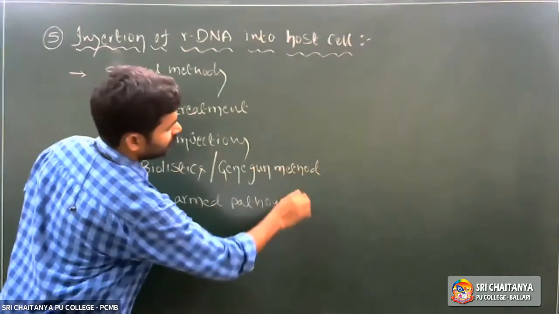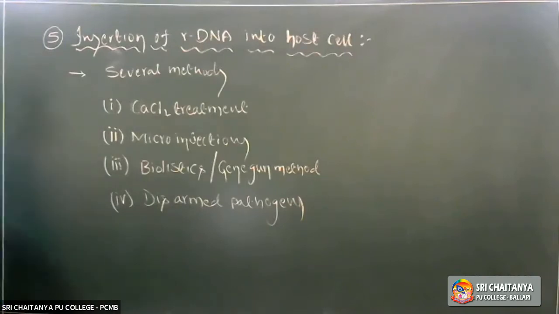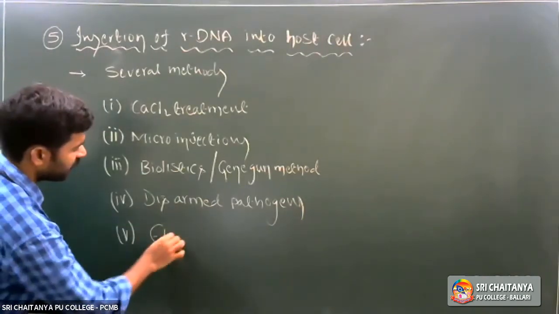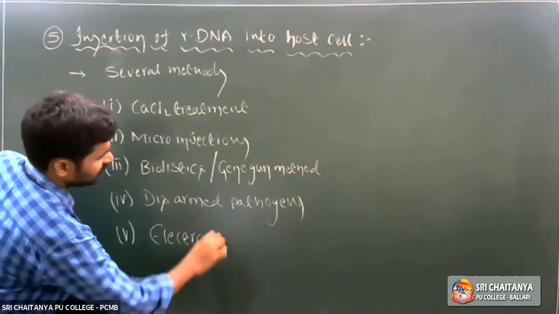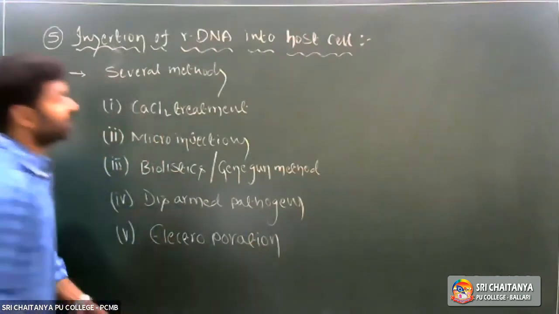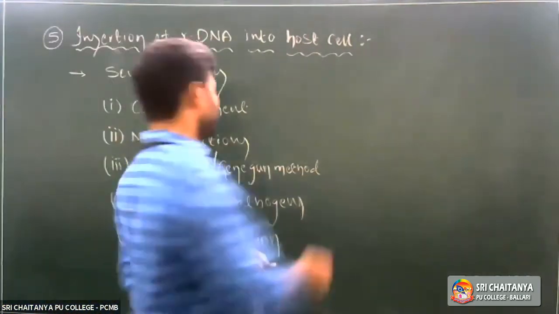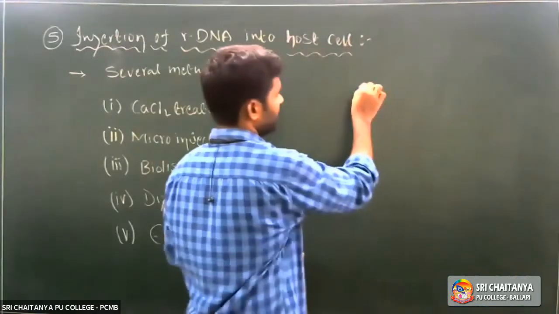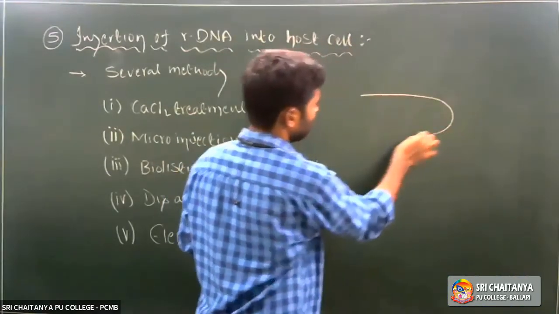By using disarmed pathogens also, we insert the genetic material. Then the last one, electroporation. So by using any one of these methods, the rDNA molecule is inserted into the host cell cytoplasm.